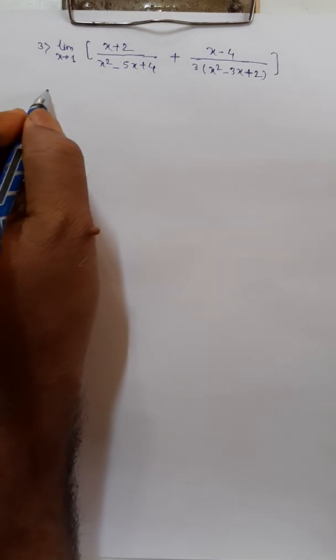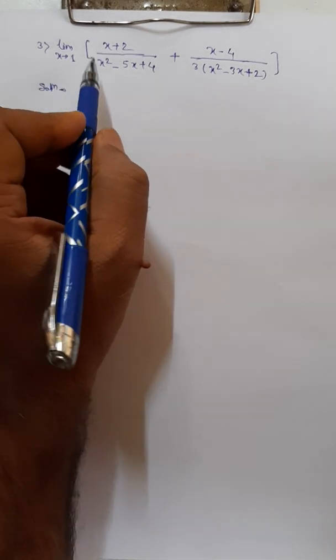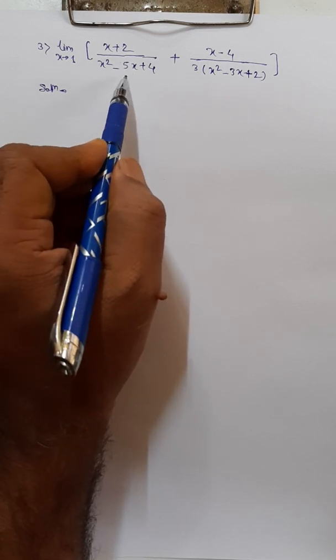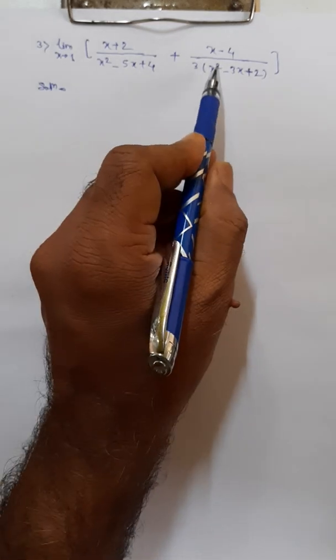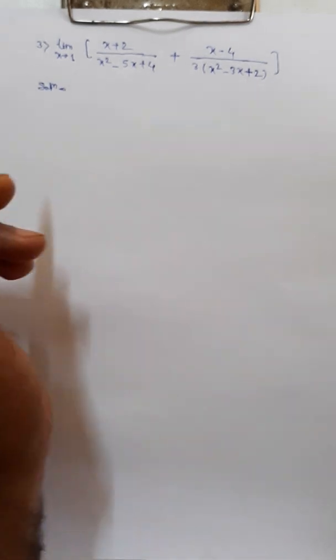Continue. Next number, evaluate limit as x tends to 1 in bracket x plus 2 divided by x square minus 5x plus 4 plus x minus 4 divided by 3 in bracket x square minus 3x plus 2.